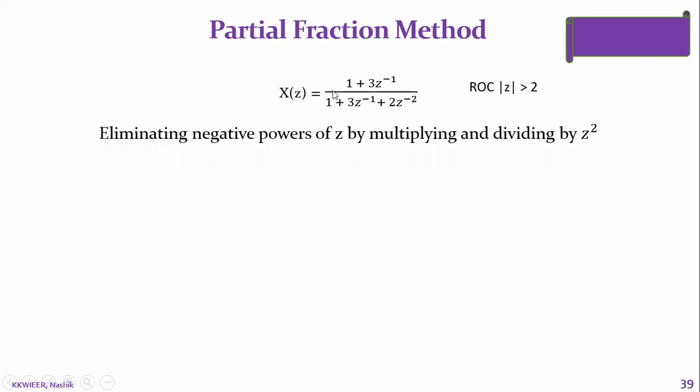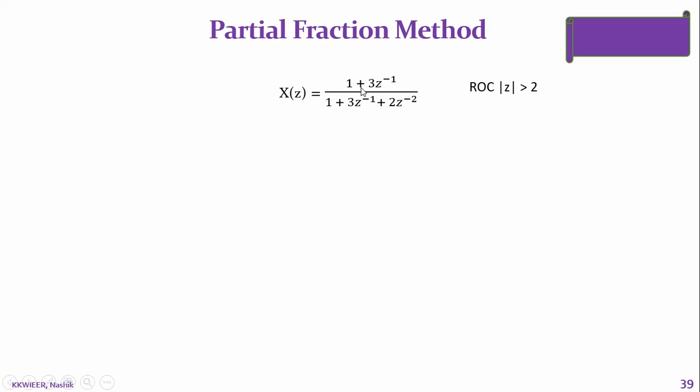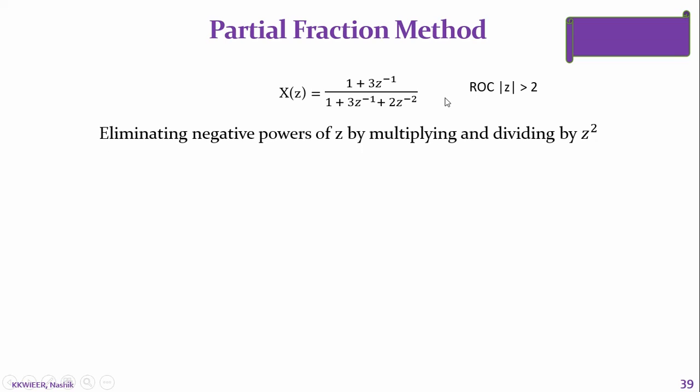So suppose this is your x of z, that is 1 plus 3z raised to minus 1 upon 1 plus 3z raised to minus 1 plus 2z raised to minus 2, where the region of convergence is mod of z greater than 2. Now eliminating the negative powers of z by multiplying and dividing it by z raised to 2.